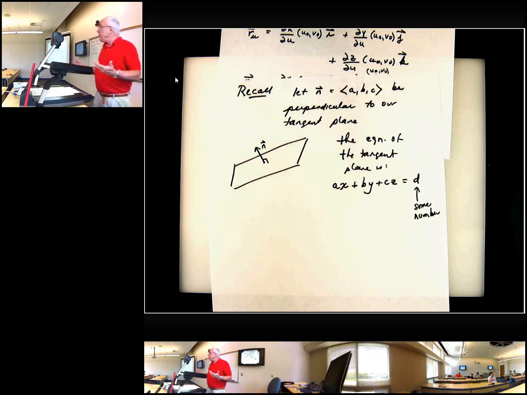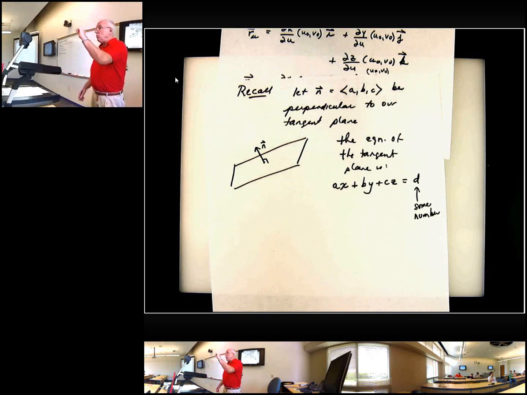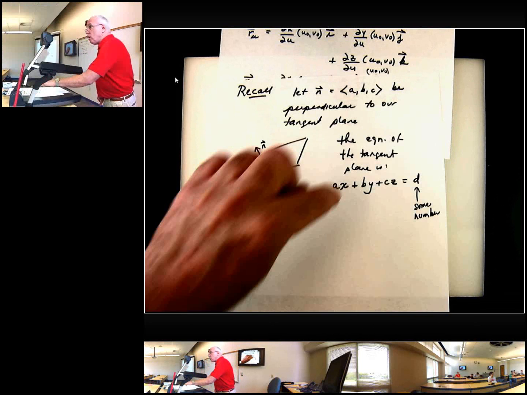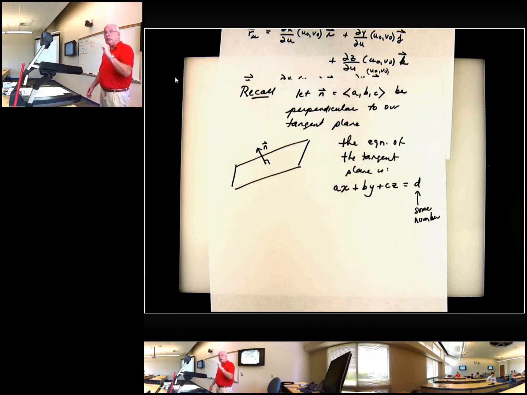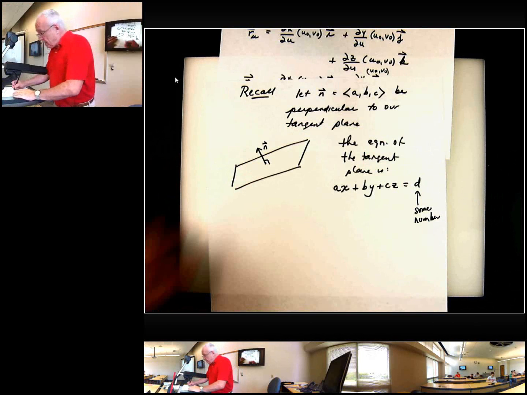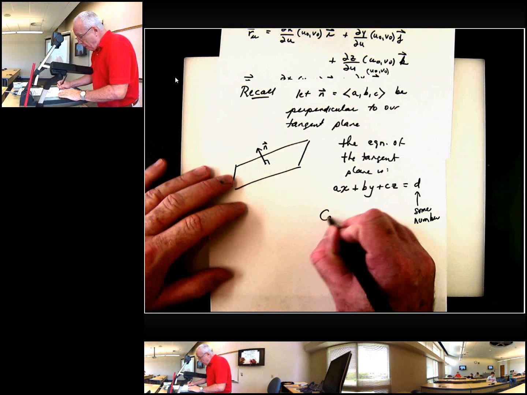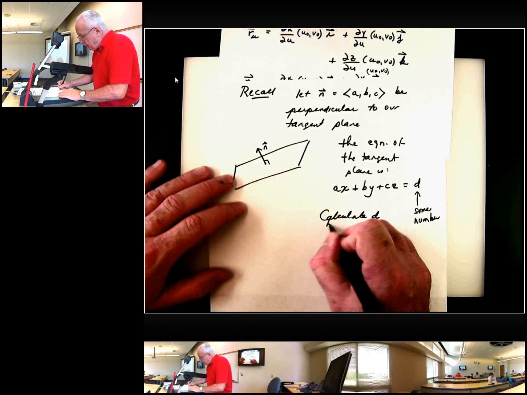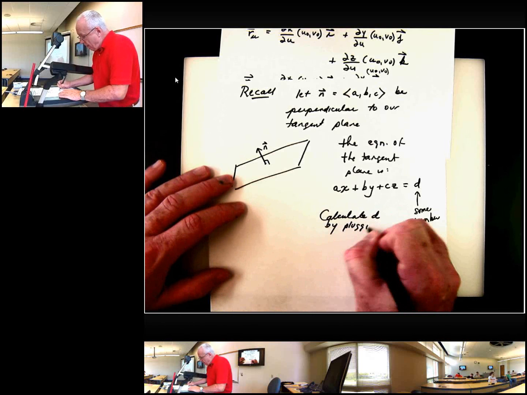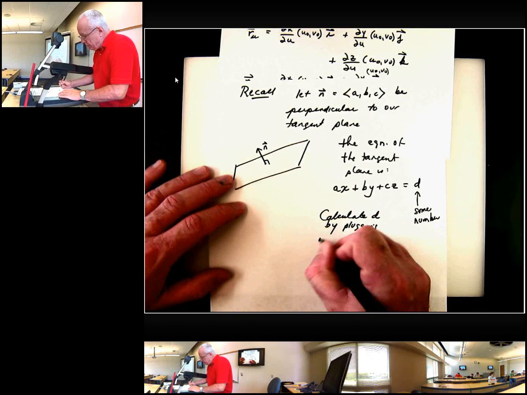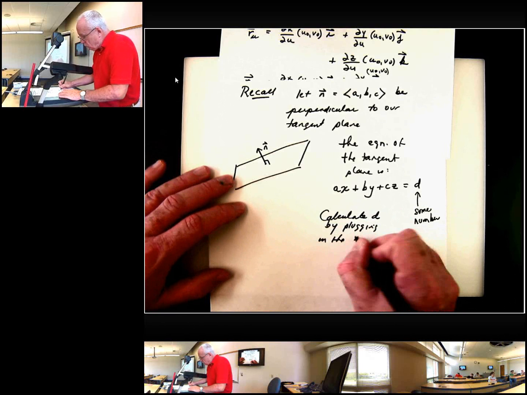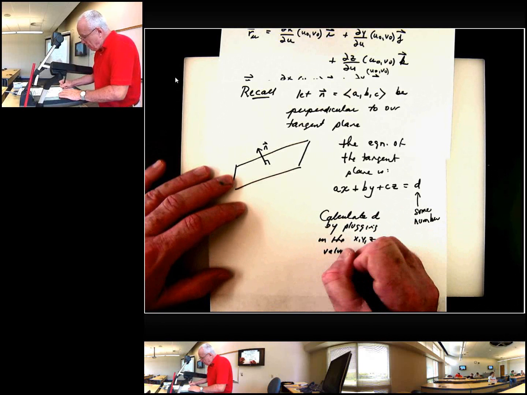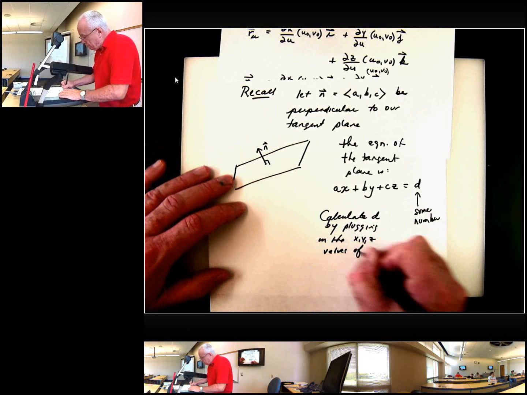The way to figure that out is to get one point that's on the plane, plug that in for x, y, and z, and we can calculate the D value. So we calculate D by plugging in the x, y, z values of a single point on the plane.